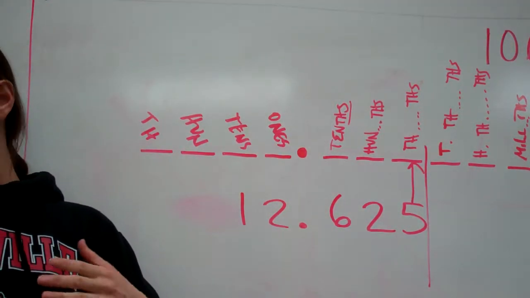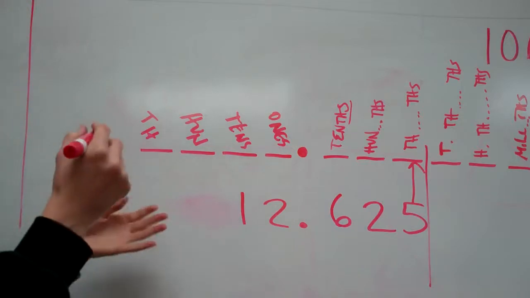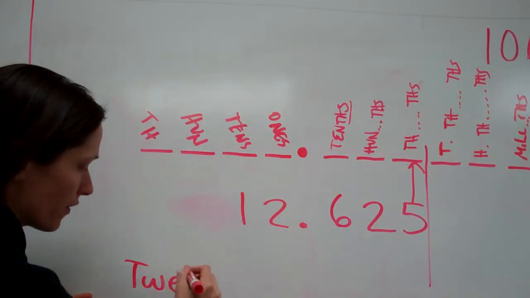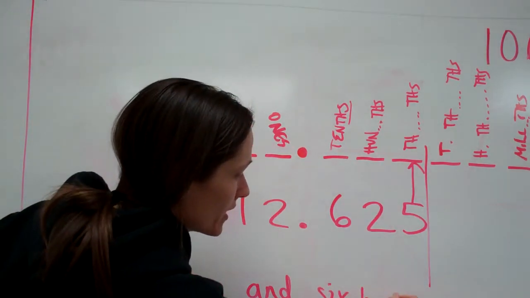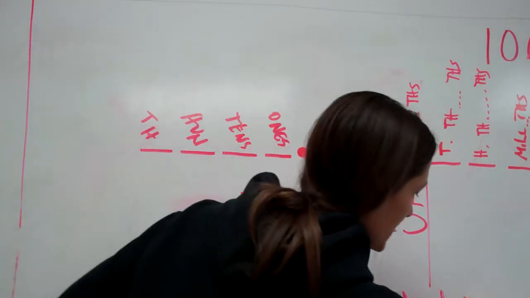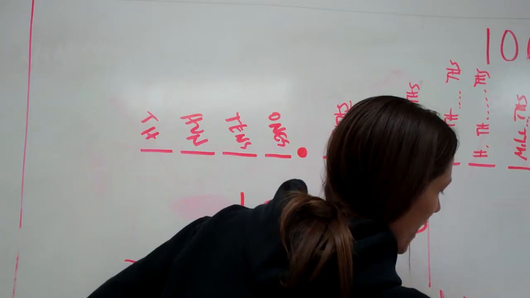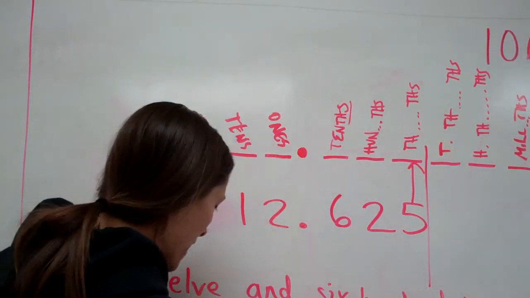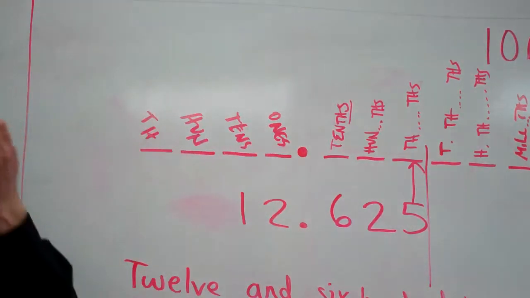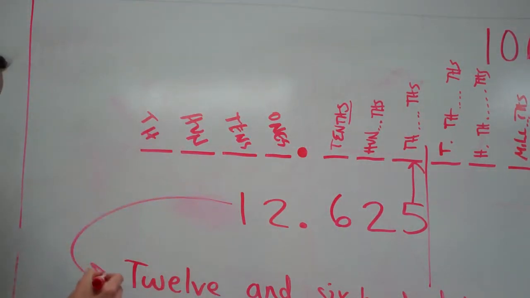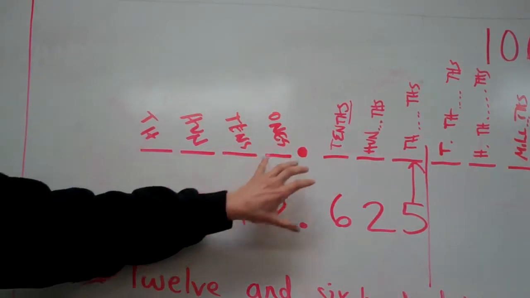See how you read it? And if I asked you to write that, you would write it like this: 12 and 625 thousandths. This is how you would write that as words, and that's how you would say it. So you just read the number and say the last place.